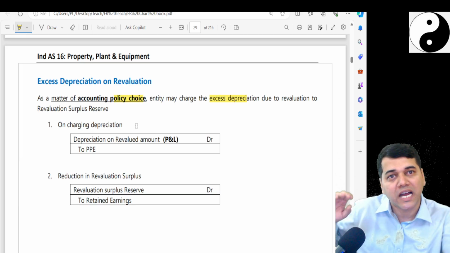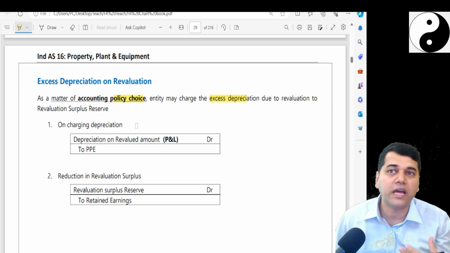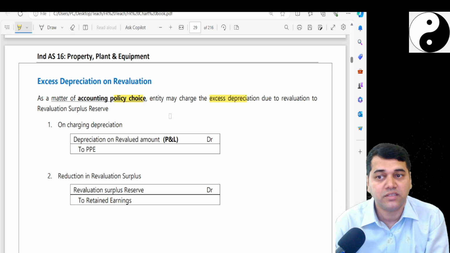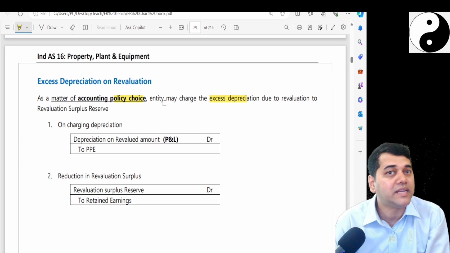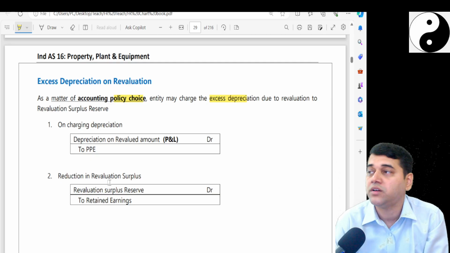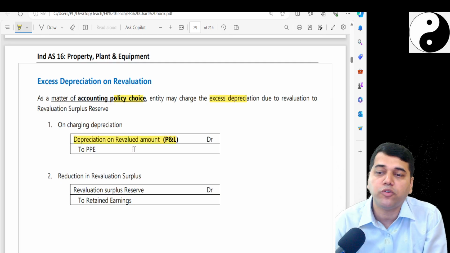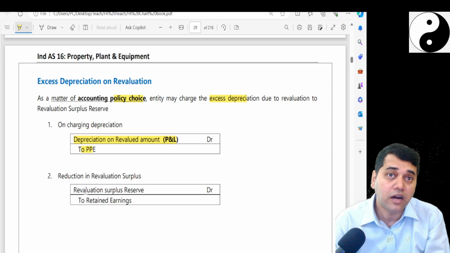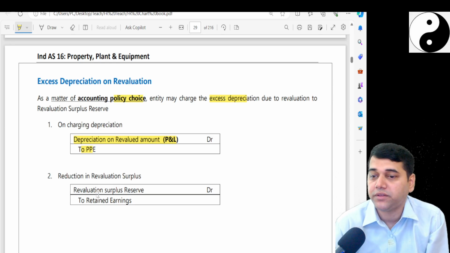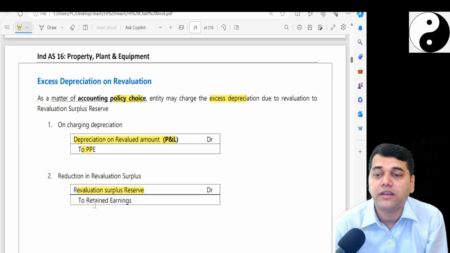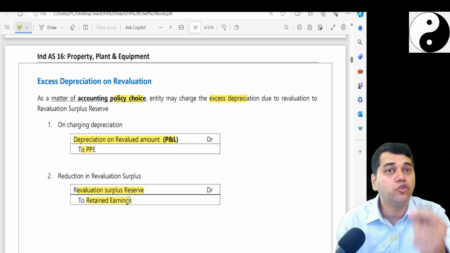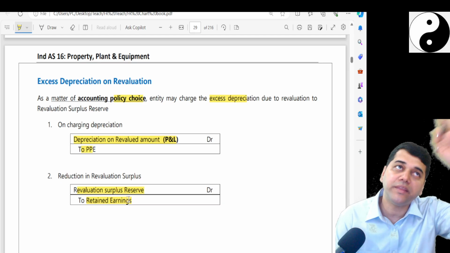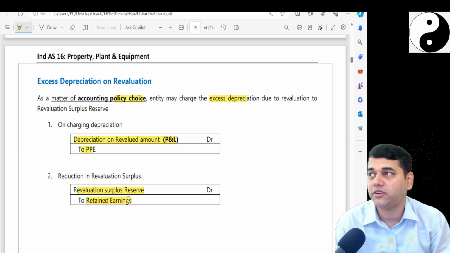Why do you want me to charge that depreciation? You should help me, because depreciation cost has increased. That's why the standard has given one choice: in case that extra depreciation comes, first, on the revalued amount you charge depreciation, a straightforward entry, and you take this to the P&L account. And to the extent of that extra depreciation, you transfer from the revaluation surplus to the retained earnings. This is no recycling. It means you don't bring it to the P&L account, but from there itself you transfer, you reduce that balance. Are you clear about this?